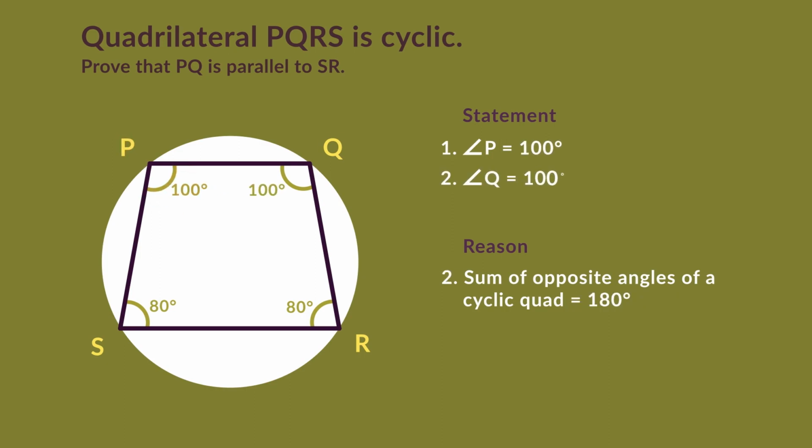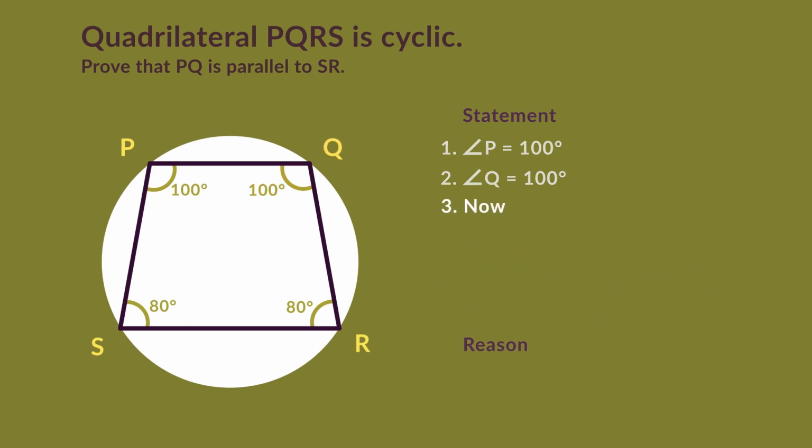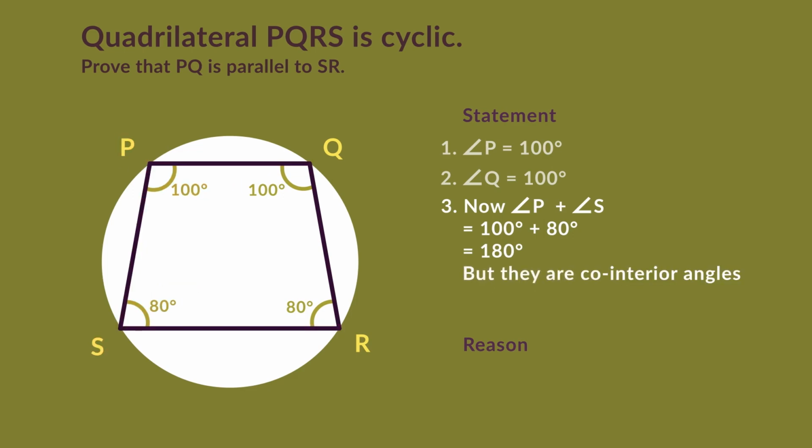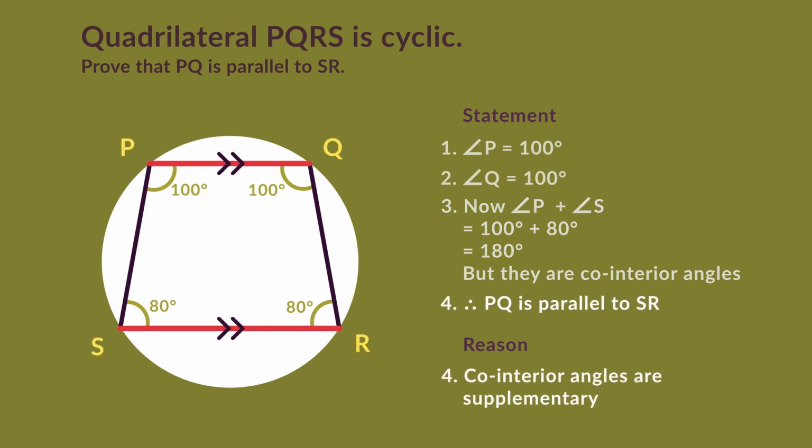The same is true for angle Q. Now we can see that angle P plus angle S equals 100 degrees plus 80 degrees, which equals 180 degrees. In other words, angle P and angle S are supplementary, but they also lie between the same pair of lines and a transversal. They are co-interior angles. So we can conclude that PQ is parallel to SR because the co-interior angles are supplementary.